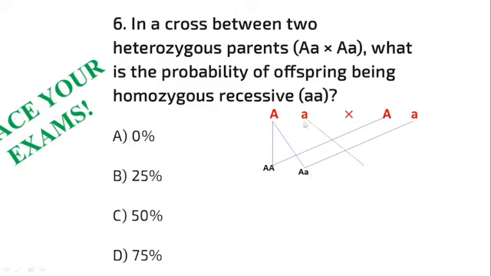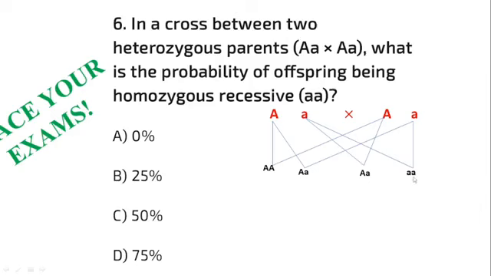Then again, we cross this one with this one, and we are going to have another heterozygous genotype. Then we cross this one with this one, and we are going to have the small letter a, which is the homozygous recessive. Now the question is saying, what is the probability of the offspring being homozygous recessive?